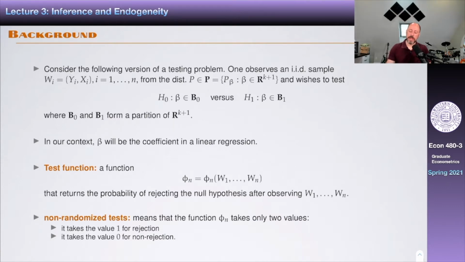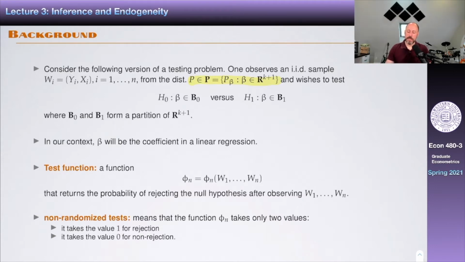If you look here, you see that I parameterize the family of distributions, or index distributions, by a parameter, in this case beta, and beta belongs to R^(k+1). In this version of the problem, you want to test a hypothesis about the parameter that indexes the family of distributions, again, in this case, beta.